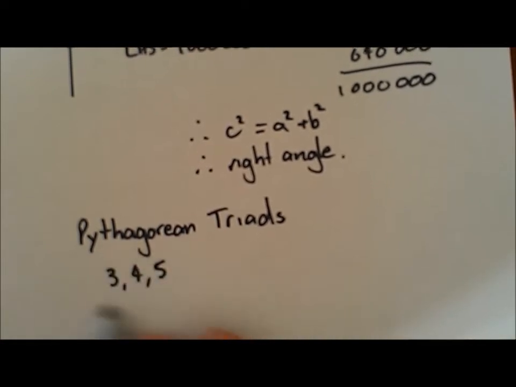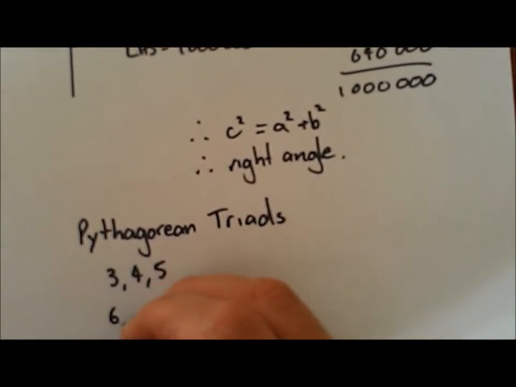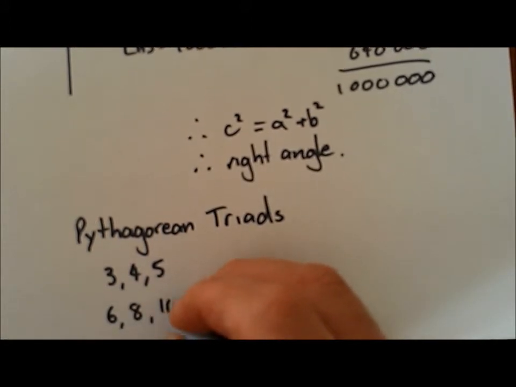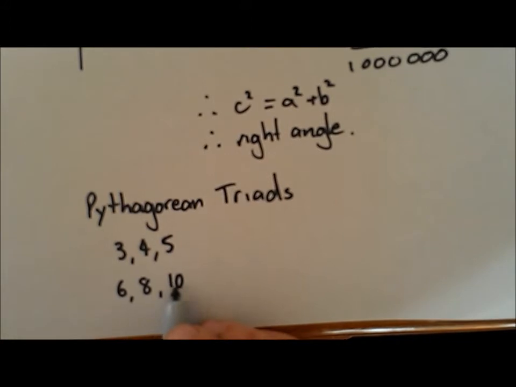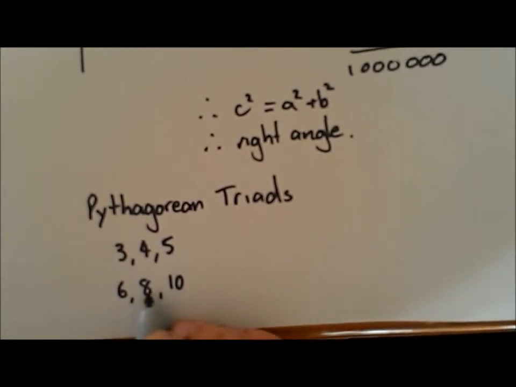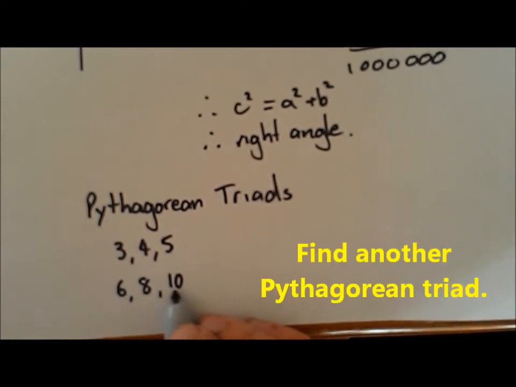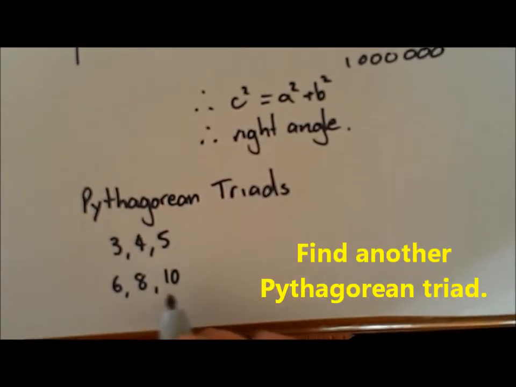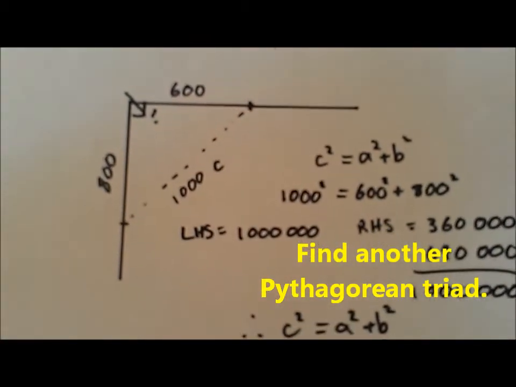Any multiple of that will also work. The multiple I was using was doubling it, so 6, 8, 10 must also be a Pythagorean triad. 10 squared is 100, 8 squared is 64, 6 squared is 36. 36 plus 64 equals 100. So any multiple of that, even if you multiply them by 100, will give you Pythagoras' theorem.